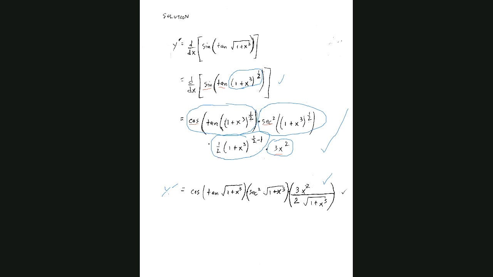Now, one thing I'll mention while I'm at it. In WebAssign, you have to be careful when you have the tangent of something. Like if you had to type in your answer, to be safe, I think it's best to put parentheses around your angles.